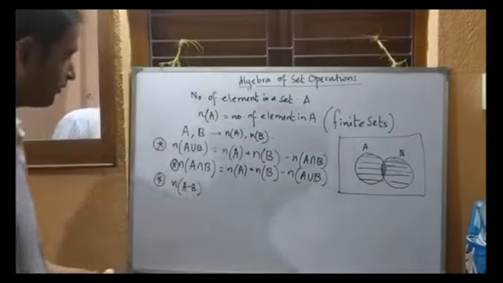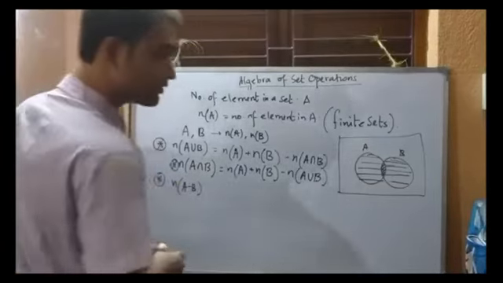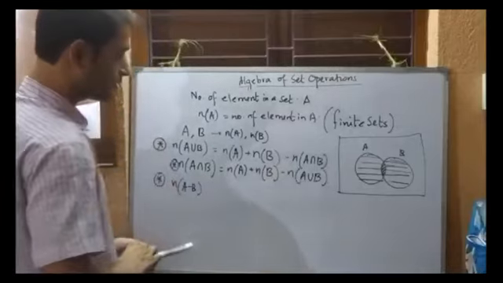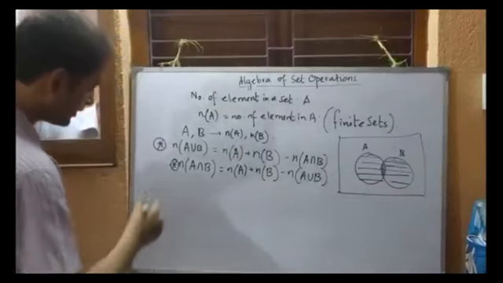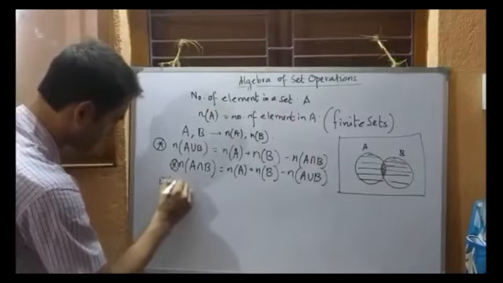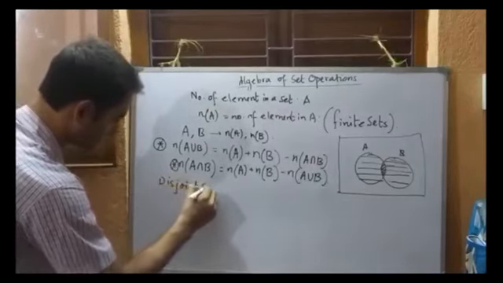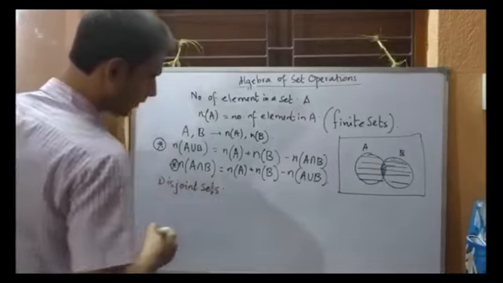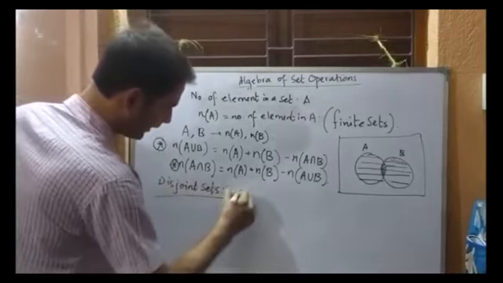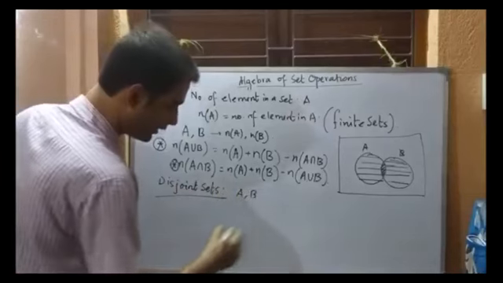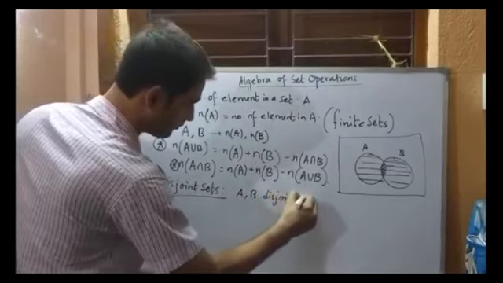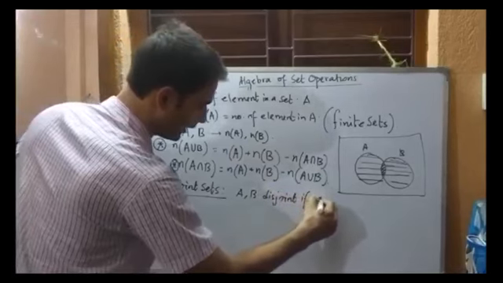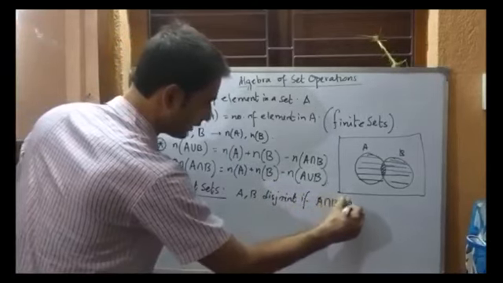Before that, we come to another concept that is called disjoint sets. So let me write it first. We consider disjoint sets. We say that A and B are disjoint if A intersection B is empty.